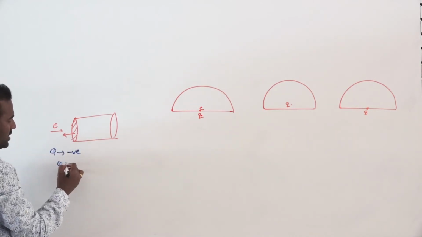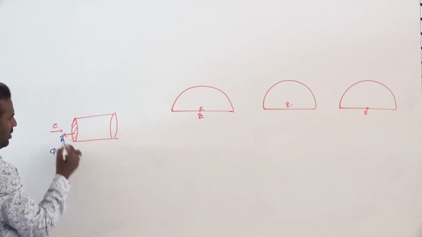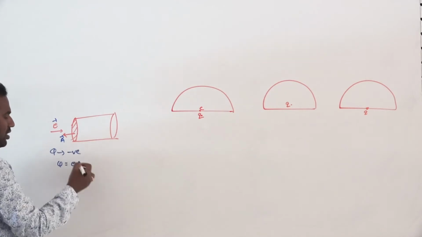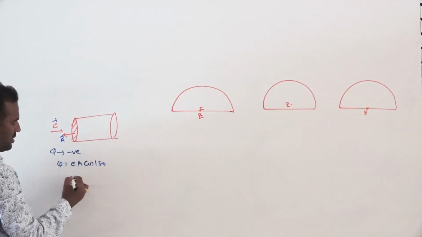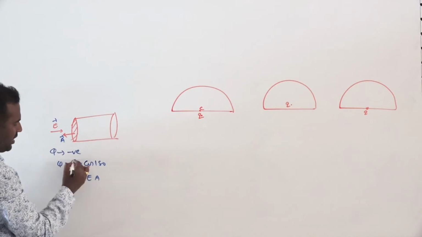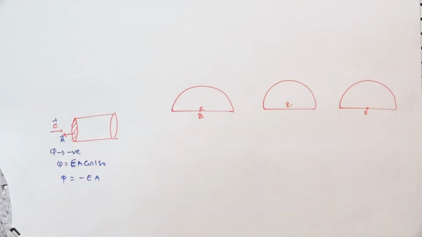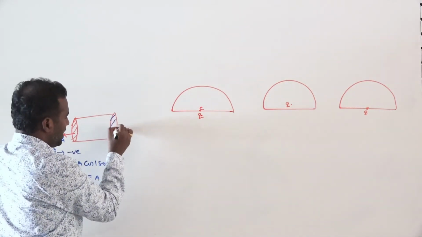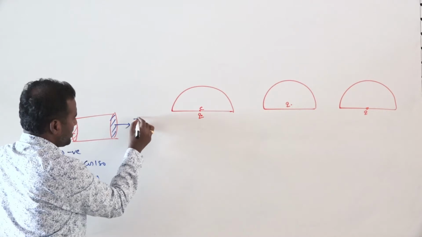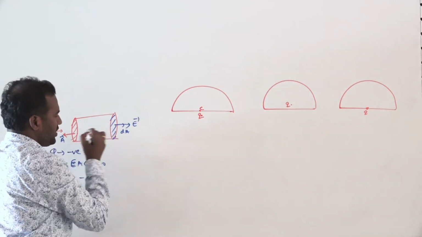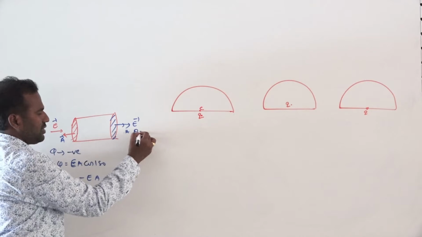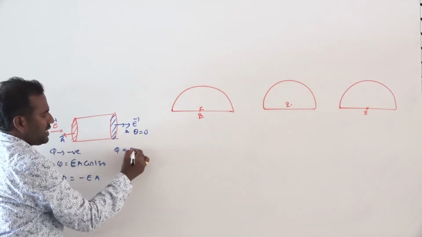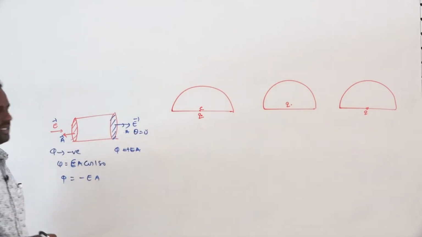The amount of flux is E bar dot A bar, that is EA cos 180. Cos 180 is minus 1, so the flux entering will be negative. Whatever amount of electric field lines enter obviously exits through the second surface over here. Here E bar and the area vector are both in the same direction, theta is equal to 0, so the flux exiting will be EA cos 0, which is plus EA.